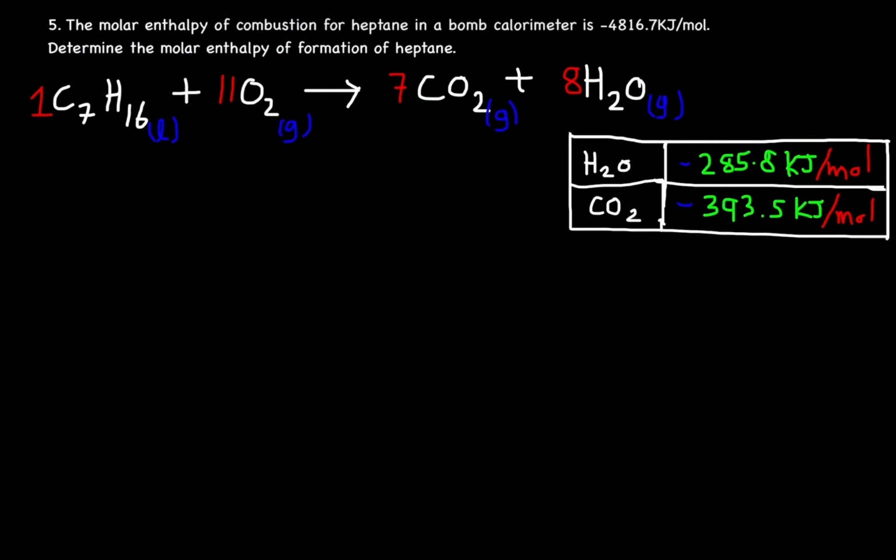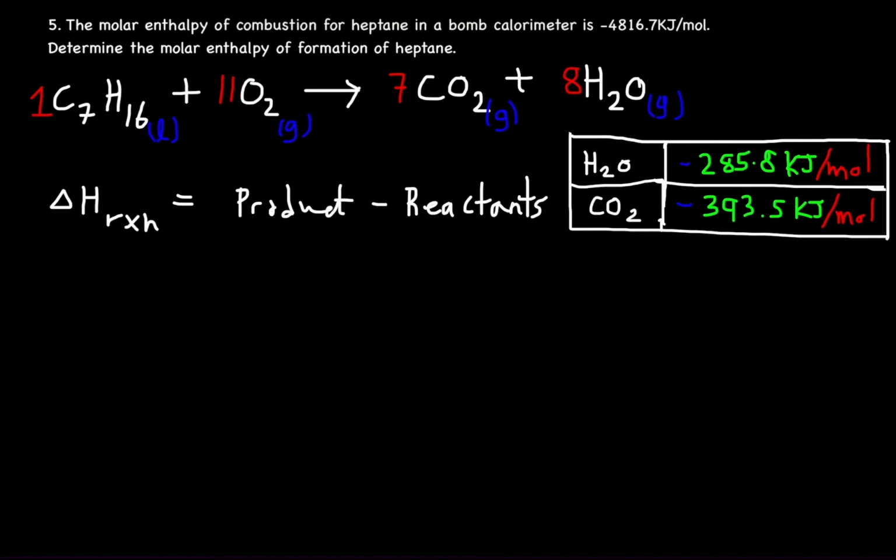Number 5. The molar enthalpy of combustion for heptane in a bomb calorimeter is negative 4816.7 kilojoule per mole. Determine the molar enthalpy of formation of heptane. So we already have a balanced reaction, and now we know that the enthalpy change of the reaction is equal to the standard enthalpy of formation of the products minus the reactants.